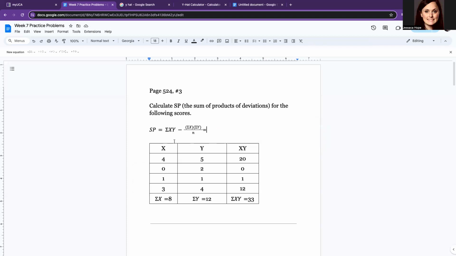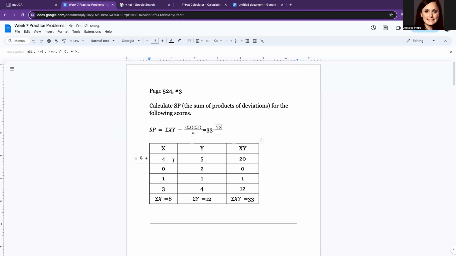So sigma xy is here, it's 33 minus, and then I'm going to do an equation. So sigma x is 8, sigma y is 12. 8 times 12, I'm going to do on my calculator, and I get 96.